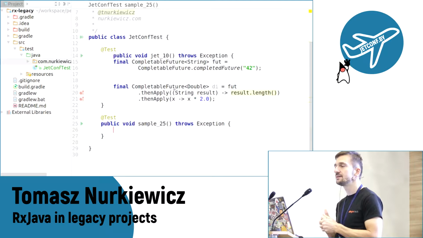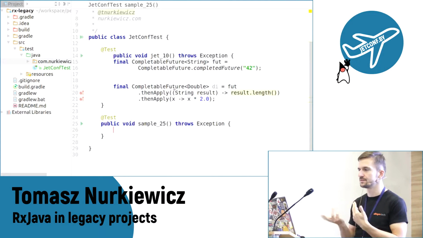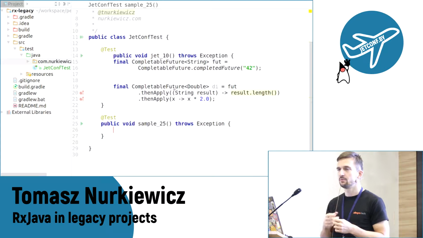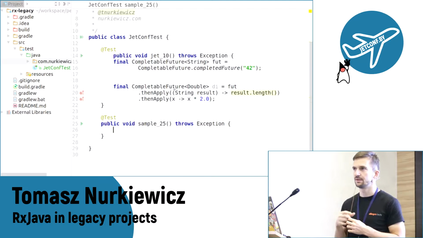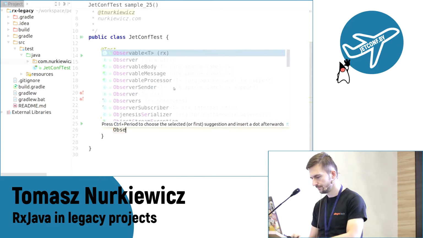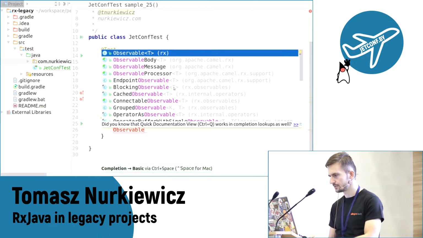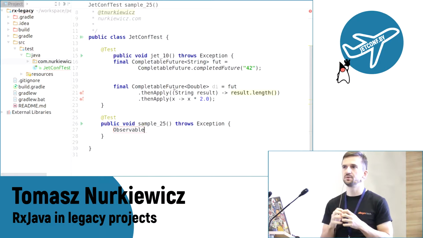But the basic difference is that when you have a CompletableFuture, it can complete with two different results, either a single value or an exception. With RxJava and with Observables, because this is the basic type in RxJava, you can actually have multiple results.